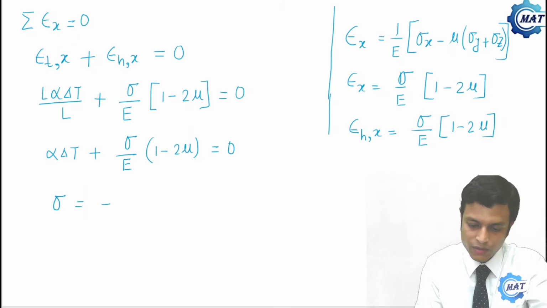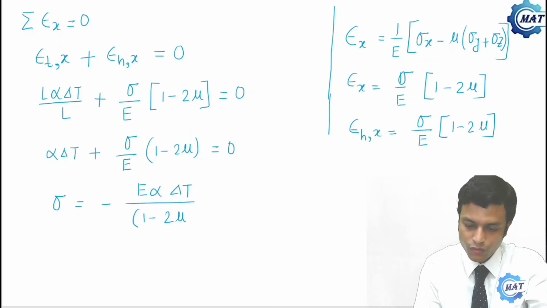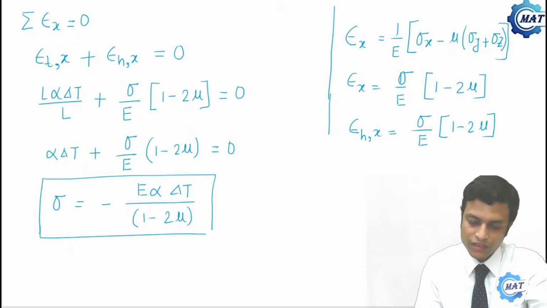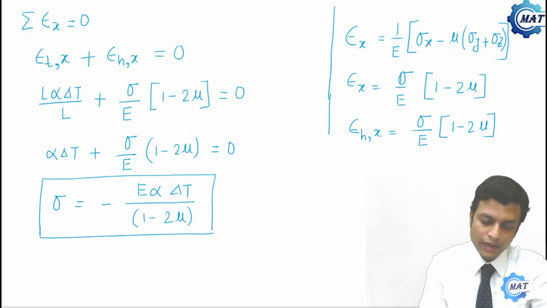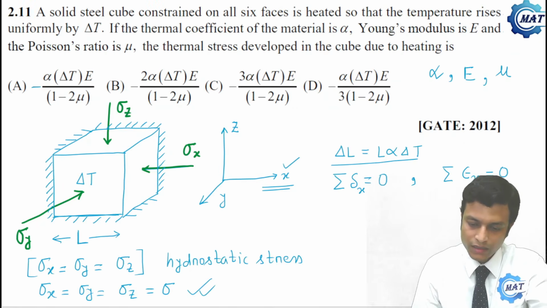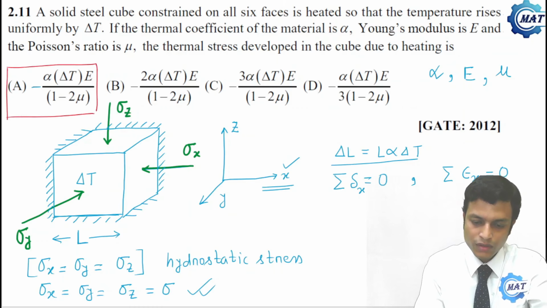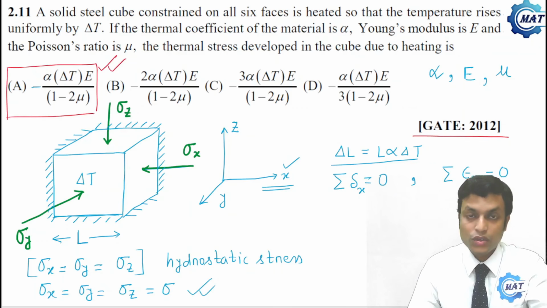That is, sigma becomes minus E alpha delta T divided by 1 minus 2 mu. Minus sign implies that stress is compressive. Now let us check which option is correct. Here we can see that option A, E alpha delta T divided by 1 minus 2 mu, is the correct one. So this is the correct answer, and this has been asked in GATE 2012.